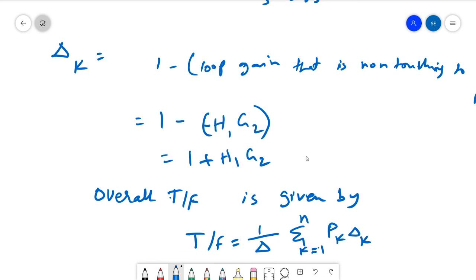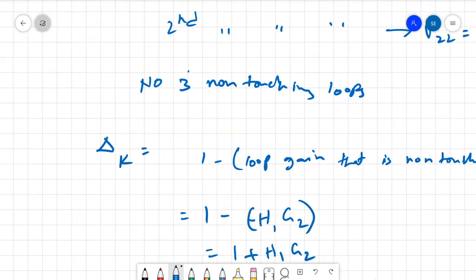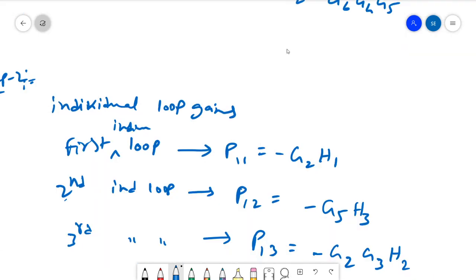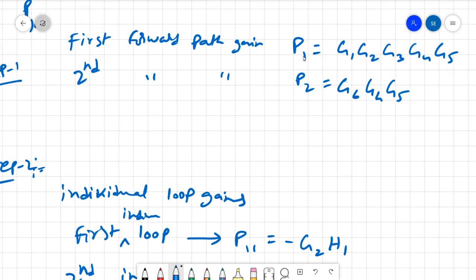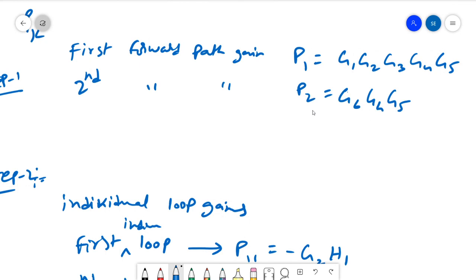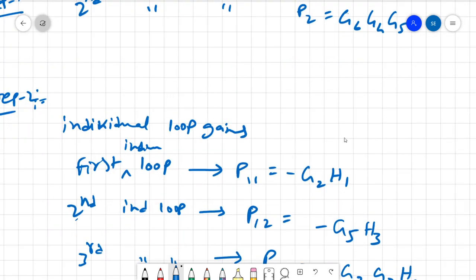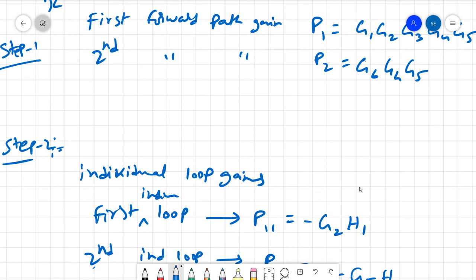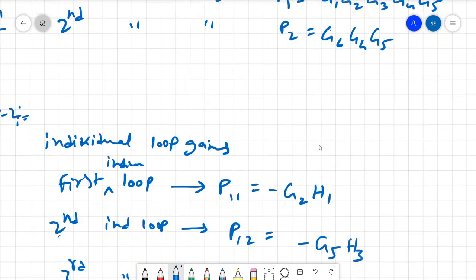So Pk we computed here, these are the individual paths. Pk, what do we have to take? P1 and P2. We have to calculate the products and sum them up, P1 plus P2.